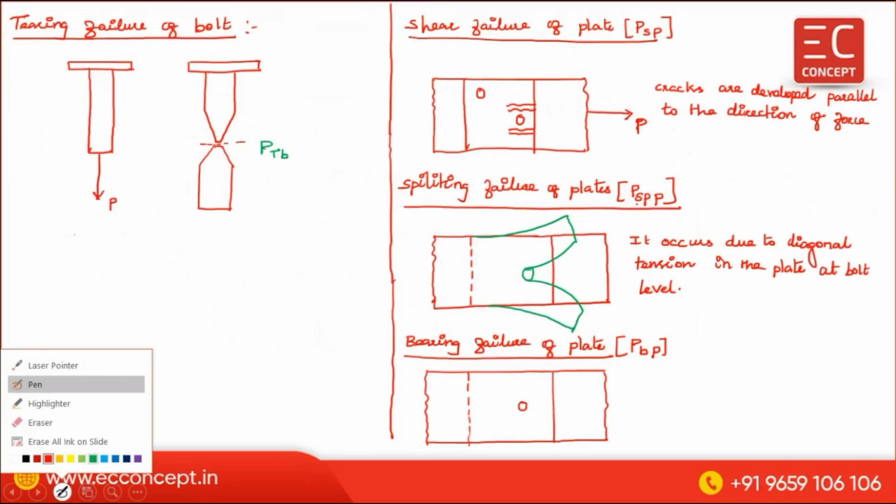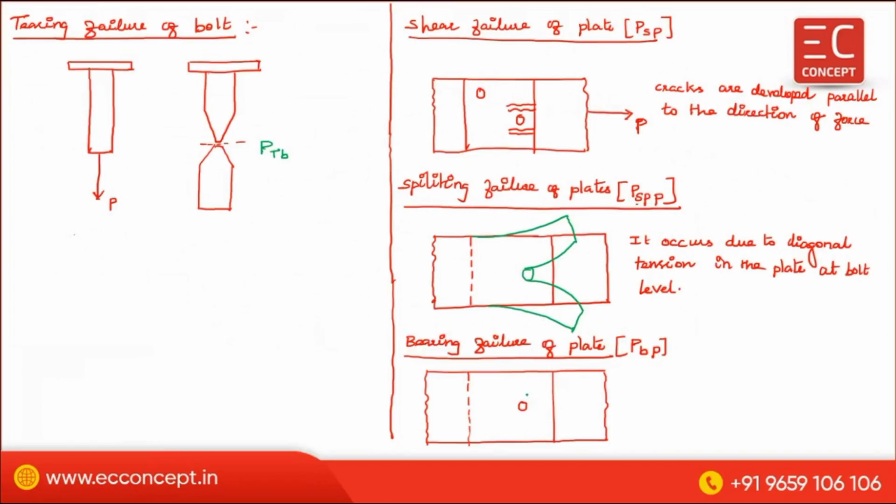Because of this bolt, this surface, this edge is getting bearing, something like that. This area will be of some extent. So this area of the plate is getting bearing.